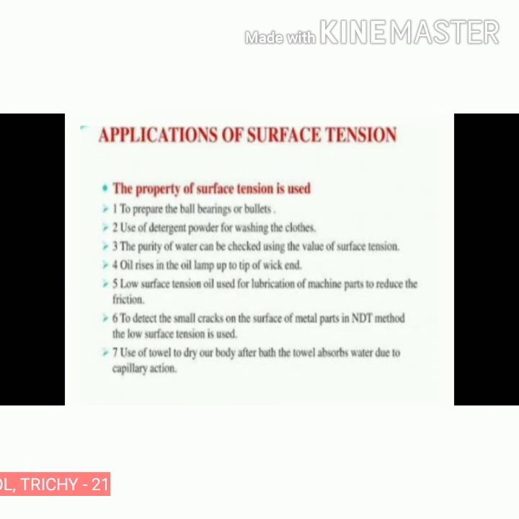Next, applications of surface tension. The first one: to prepare ball bearings or bullets. Second: use of detergent powder for washing clothes. Third: the purity of water can be checked using the value of surface tension. Fourth: oil rises in an oil lamp up to the tip of the wick.